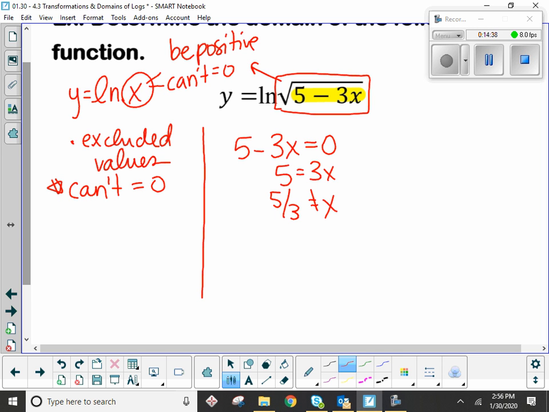But that's not our only characteristic that we have to talk about. That only takes care of what makes it equal to 0. Now we have to find all the numbers that will keep it positive and avoid the numbers that would make it negative. And so this is where we do test points. So we're going to do test points on a number line.